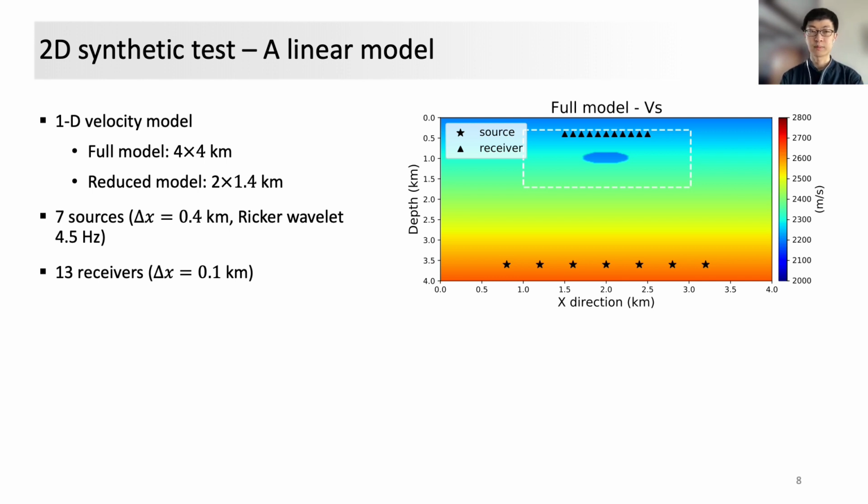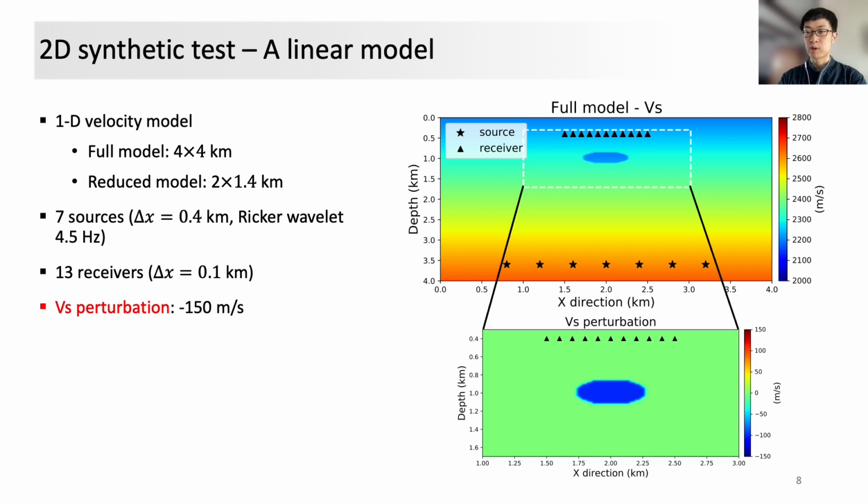Certain receivers are put into the target area, and an S-wave perturbation of minus 150 meters per second is added beneath the receivers. We record both particle velocity and apparent S-wave velocities as our observables.